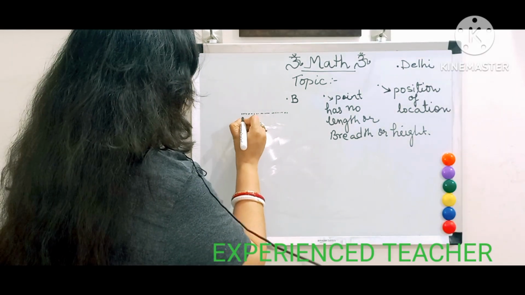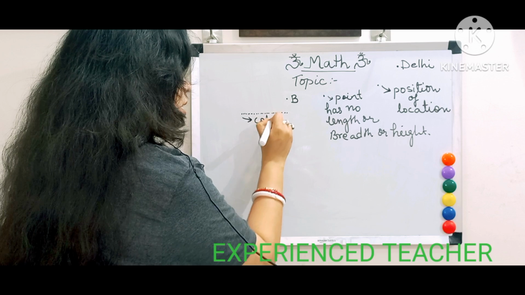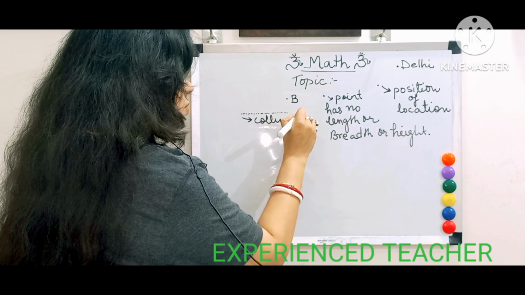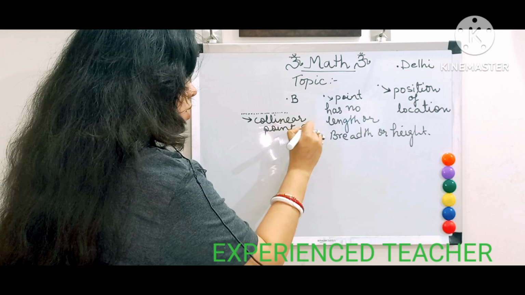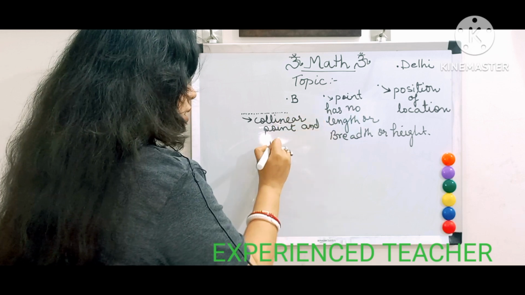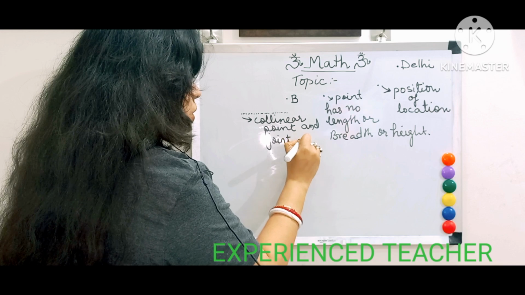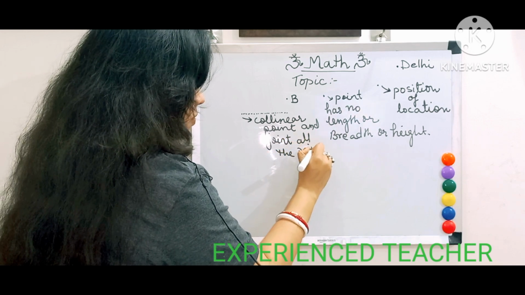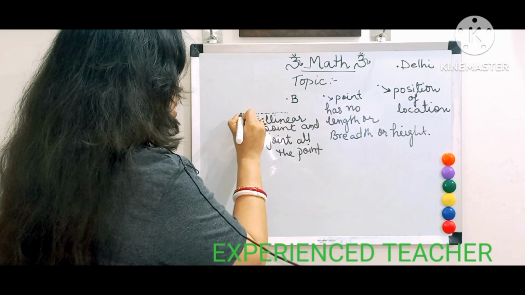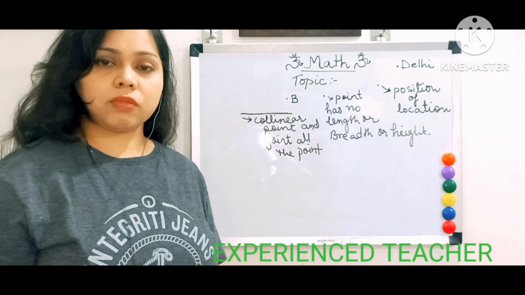First of all, these points are collinear points, and I join all the points. So I am joining the points like this.